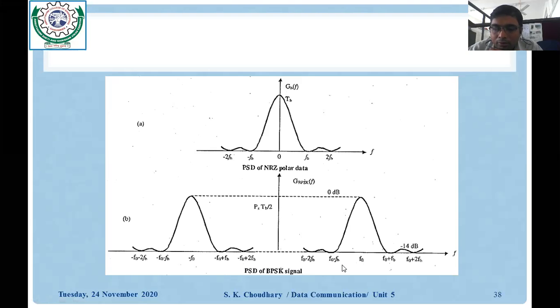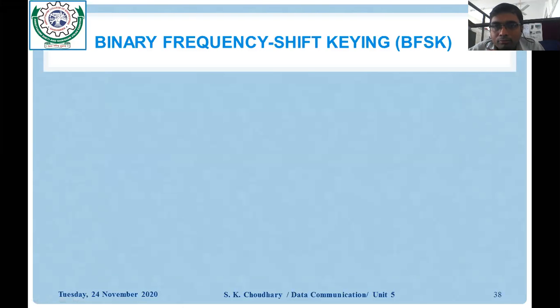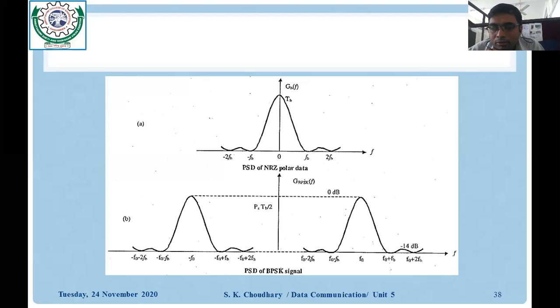From the power spectral density we can find out the bandwidth of the signal. In this way you can see the power spectral density of the BPSK signal.